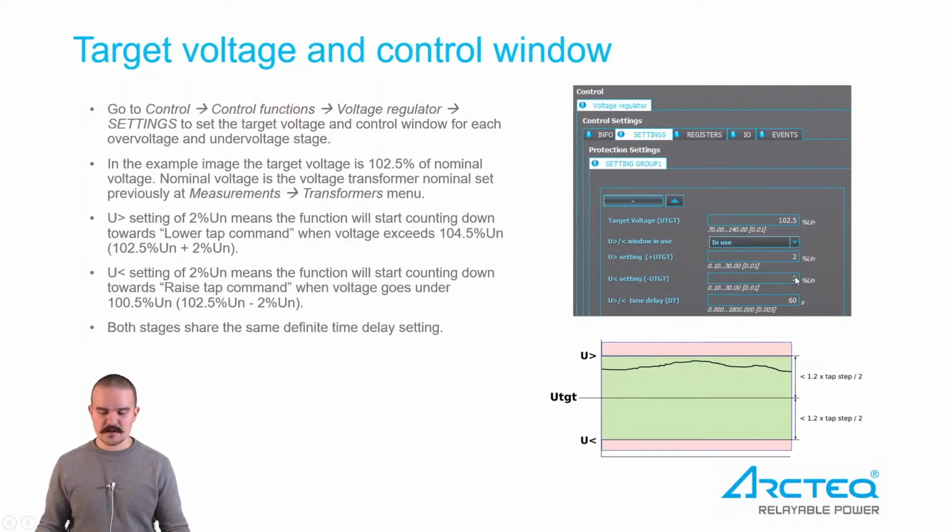And undervoltage, on the other hand, picks up at 100.5% because it's 102.5% minus 2%. In the first window, both over and under voltage use the same time delay.